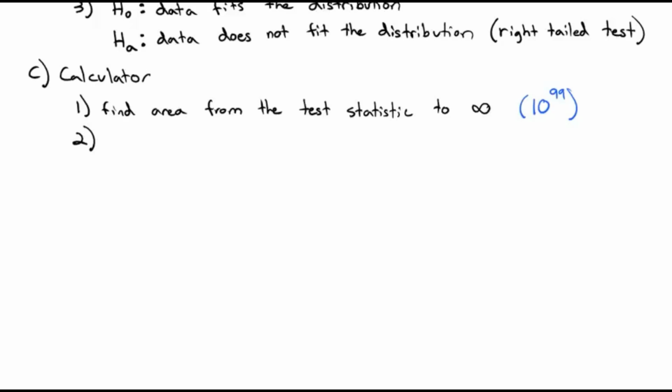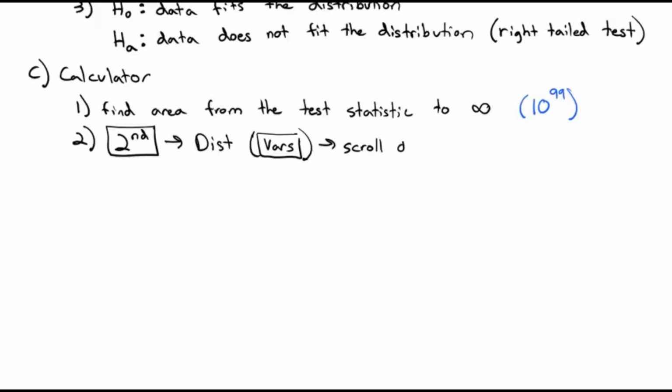So the calculator keystrokes we want to do is, first you'll hit the second button. Then you'll select the distribution function, which is really the vars button. And then above it, with the second feature, you're getting distribution. Then you can scroll down to the chi-squared CDF.